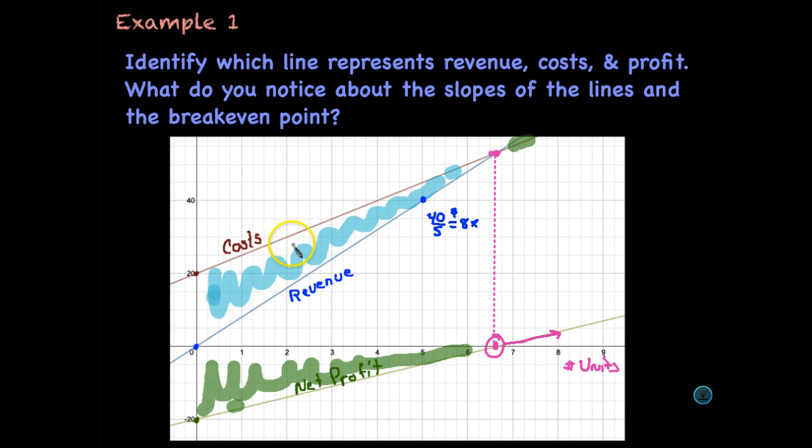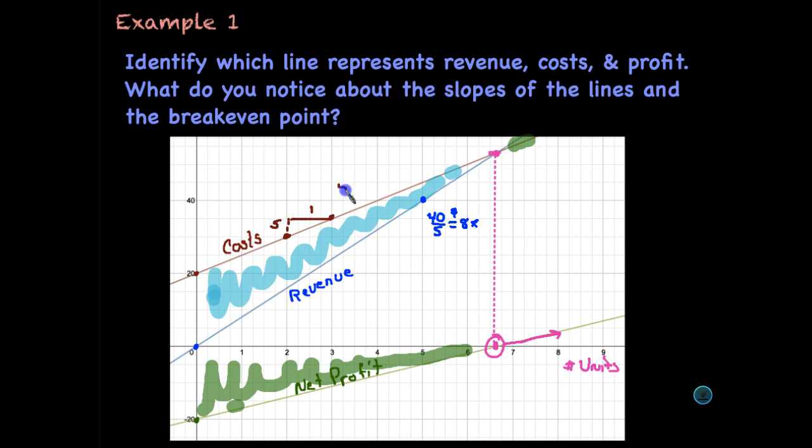Let's compare that to the slope of the cost line. Let's find a couple of crosshair points. It looks like we can look here and we can look here. So let's look at this rise over run. This rise, we go from 30 to 35, so that's a rise of 5 over a run of 1.